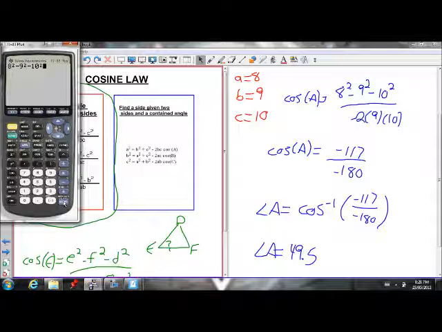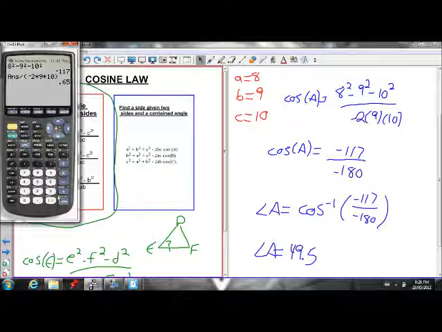Hit equals, and then we want to divide that by the product in our denominator here. So we have to tell our calculator to do that multiplication first so that it divides the whole product, so we have to put it in brackets. So we're going to divide our answer by -2 times 9 times 10, and make sure that that product is in brackets, so our calculator does that multiplication first, and then divides that whole product by the answer.